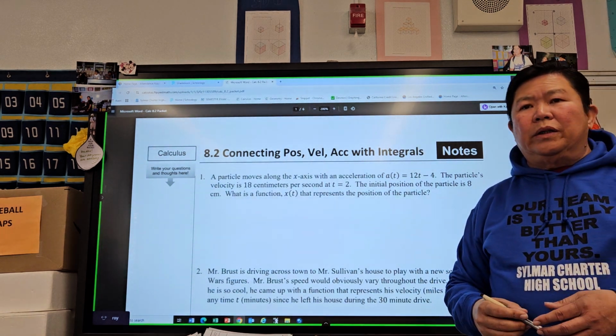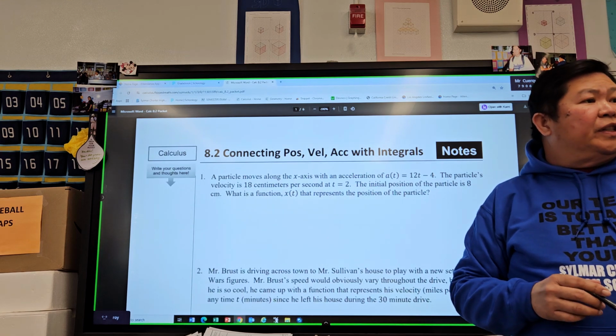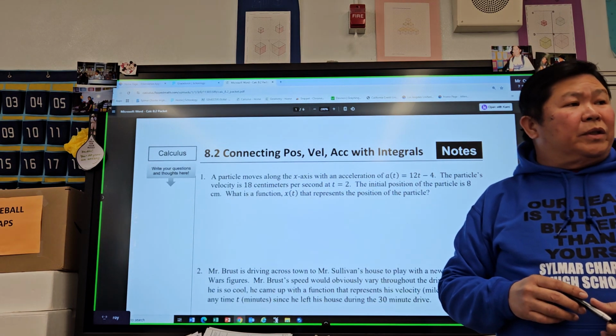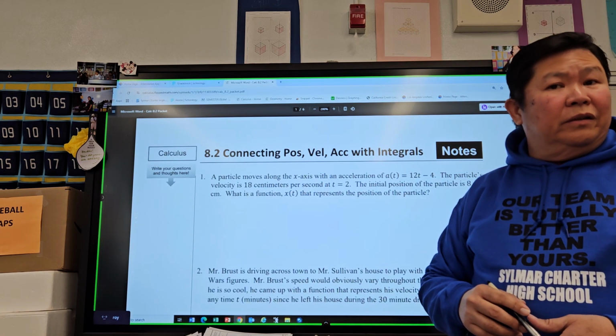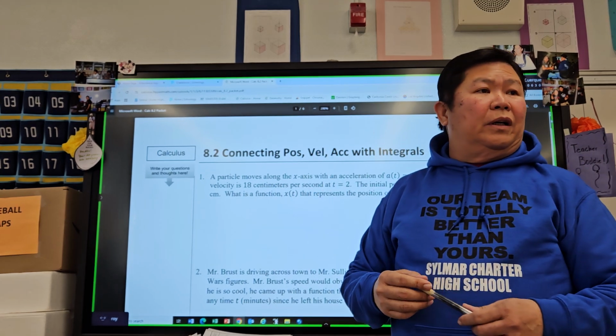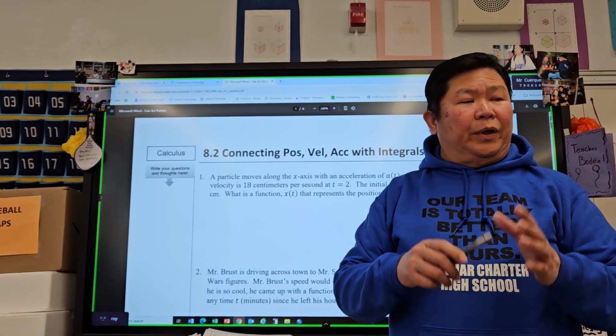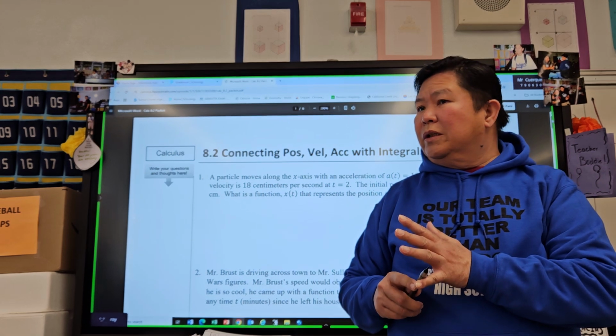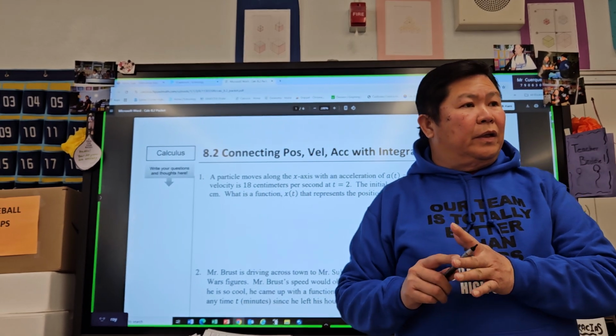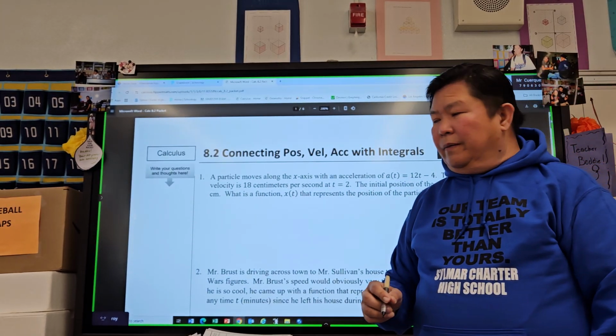Can you still recall the topic 5.10 last time? That was November 13 lesson during the visit of the assistant principal. So we connect position function to velocity and to acceleration.